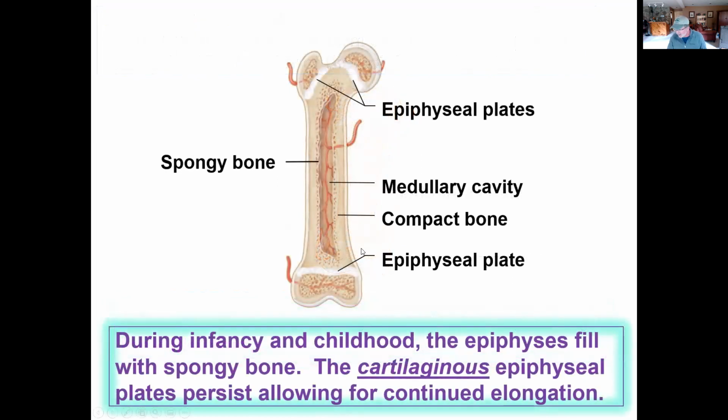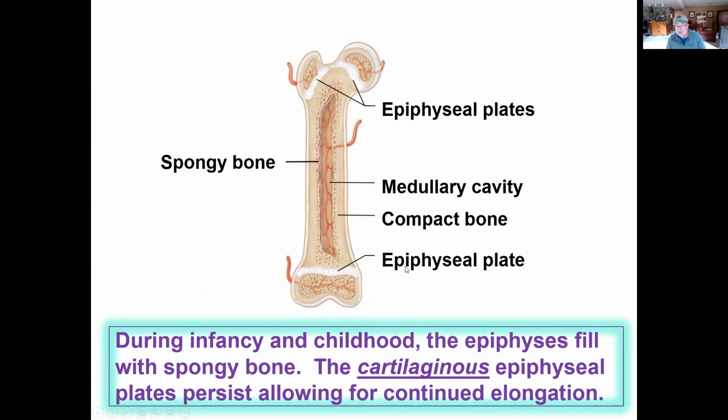During infancy, during the first few years of life into early childhood, look what still is present in the future femur. Well, we have the secondary ossification centers obviously present. We have the diaphysis present, but we still have hyaline cartilage in what are called epiphyseal plates, or some people would refer to them as growth plates.